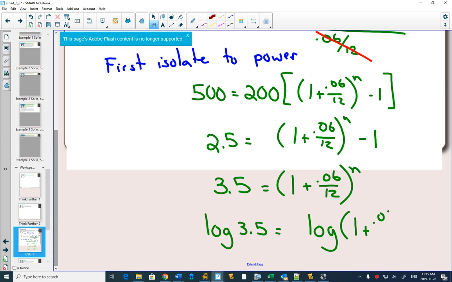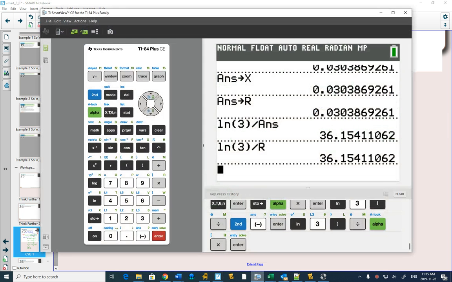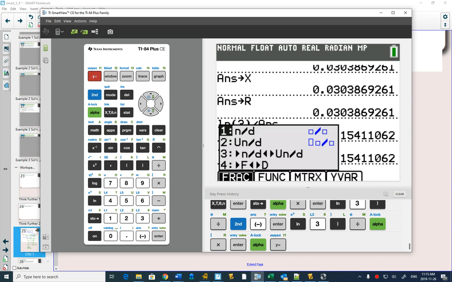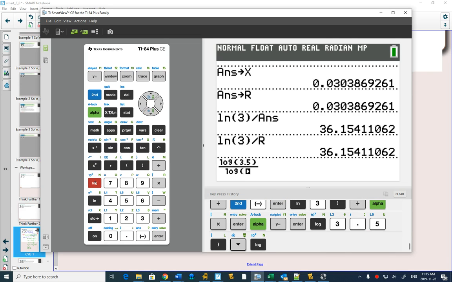And when I take the log of something that has a power, that power can come out in front. And now to get n by itself, n equals log of 3.5 divided by log of 1 plus 0.06 divided by 12.